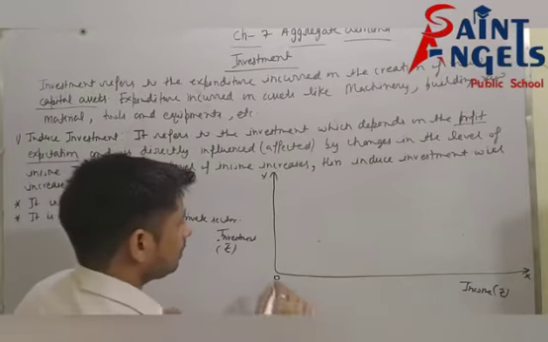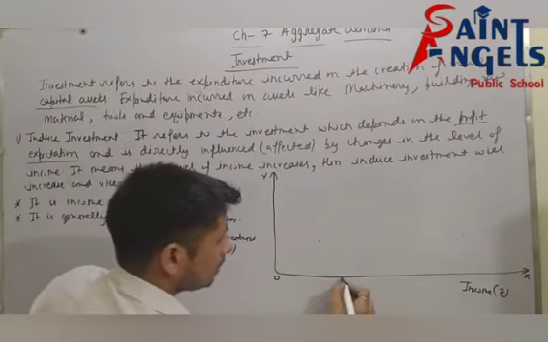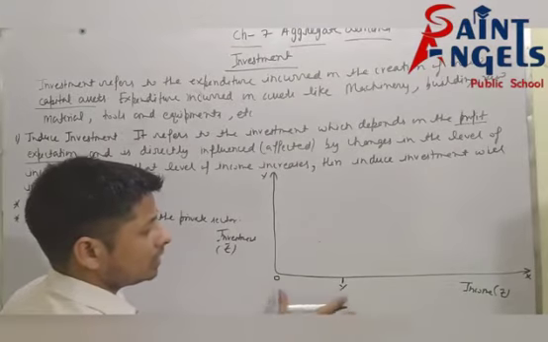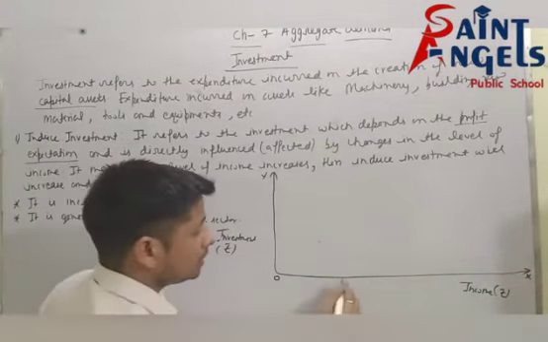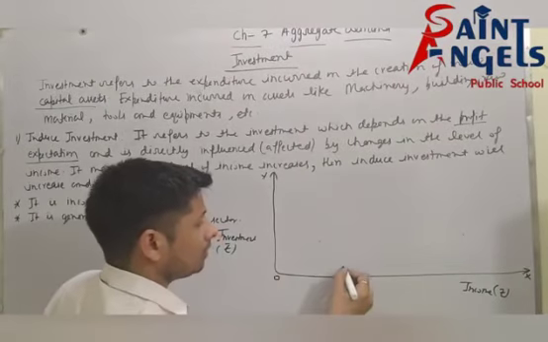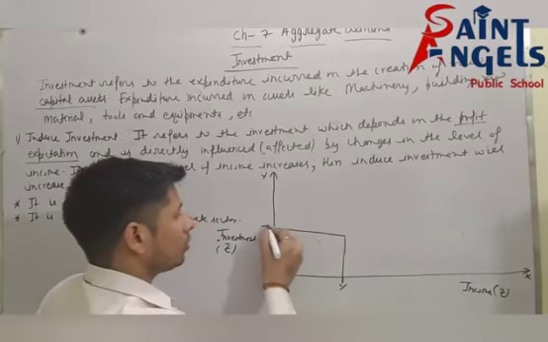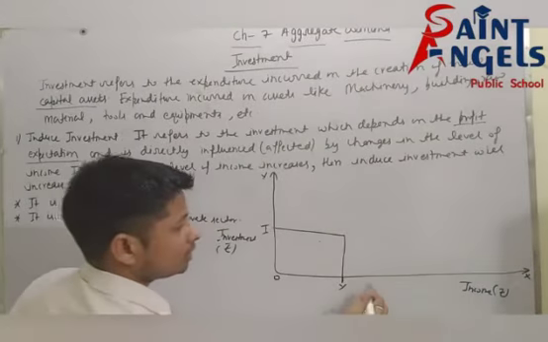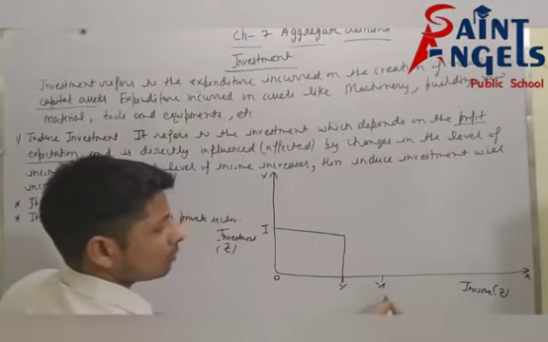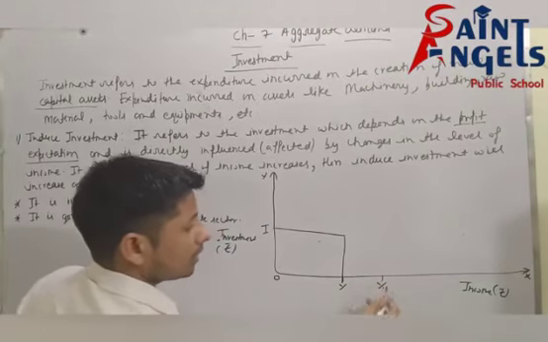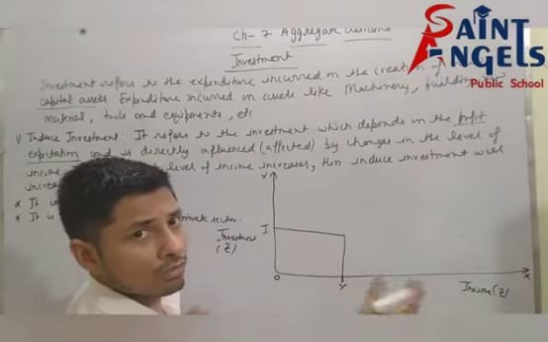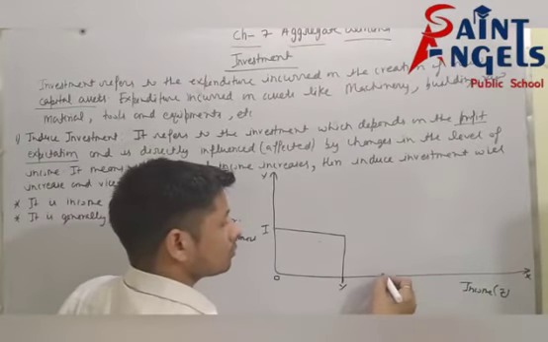Suppose initial income is OY, and at this OY level of income, initial investment is OY. Suppose income increases from OY to OY1, which means induced investment will also increase.